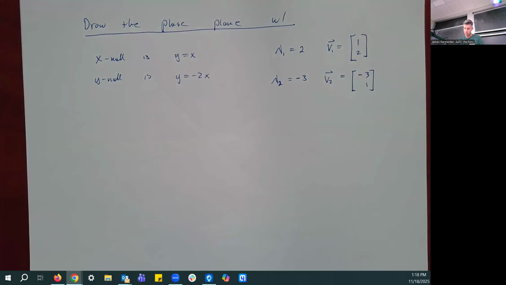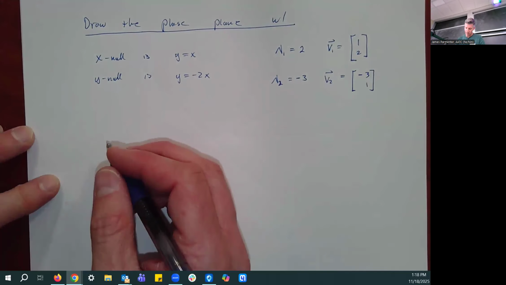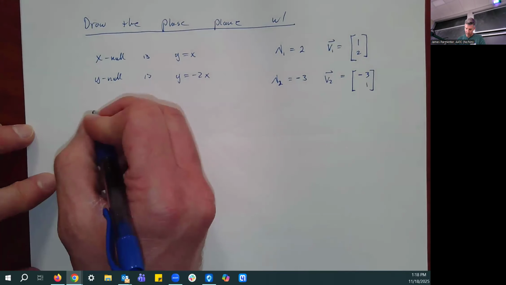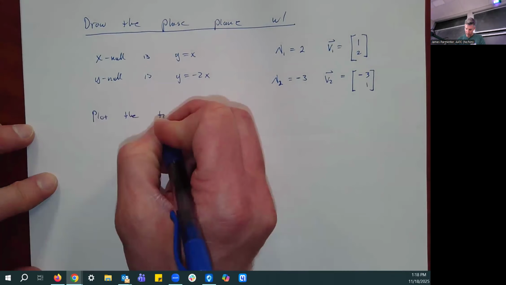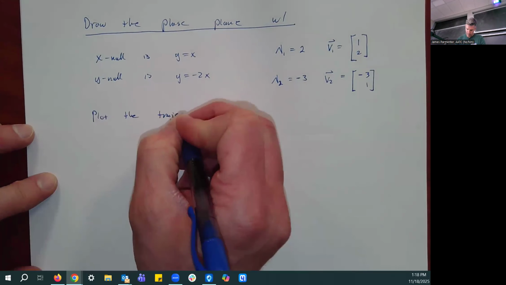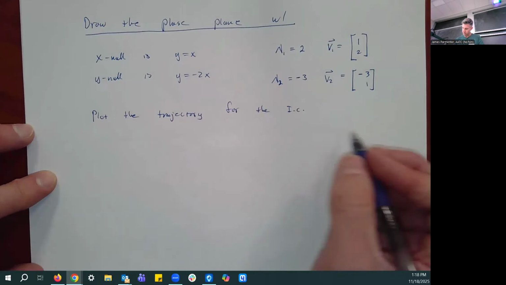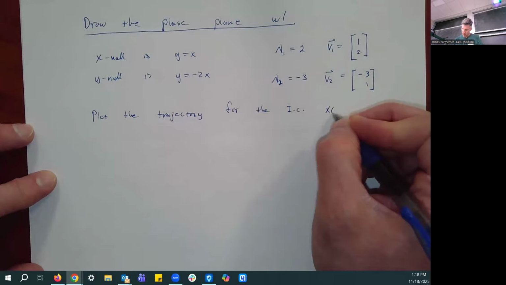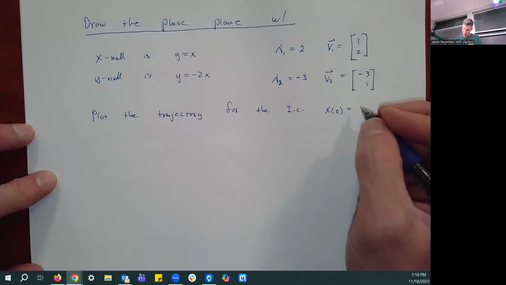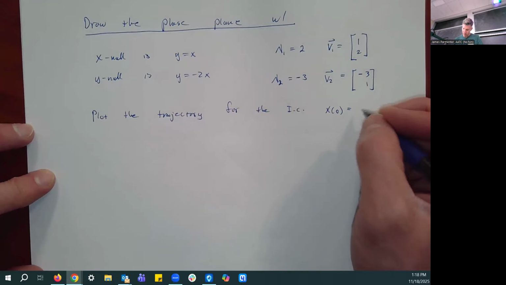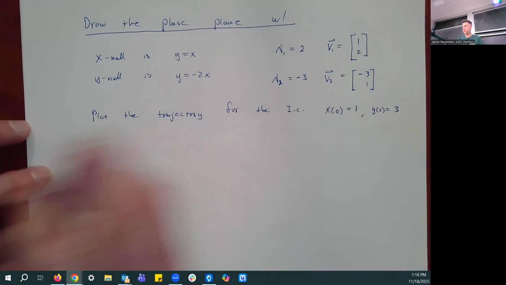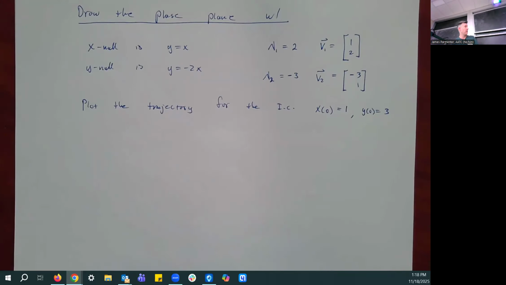Draw the phase plane, and then plot the trajectory for the initial condition x(0) equal to 1, y(0) equal to 3. Seems like it might work out. Oh, I should pass on the attention.